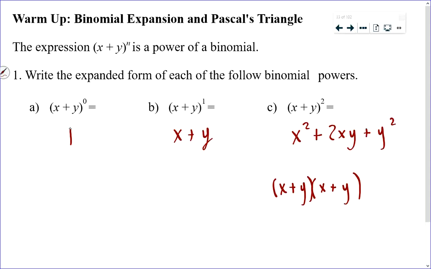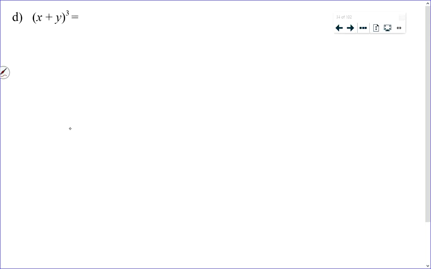No problems there. If I say to you, what is x plus y cubed, things become more complicated because I have x plus y times x plus y times x plus y. So when you multiply three things, you multiply two of them, and then you multiply by the third.